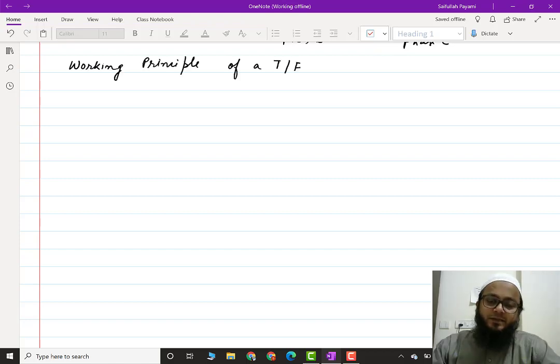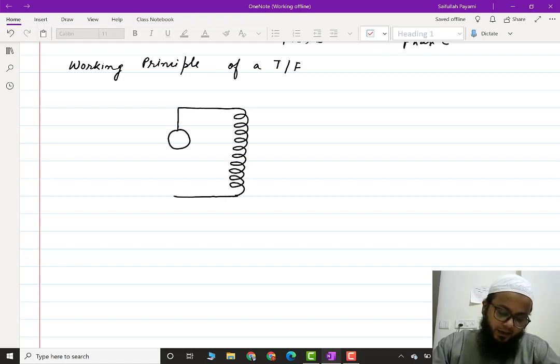So we said that a transformer is a device which has at least two electrical circuits and they have a common magnetic field. So let's say I'm just showing a simple winding, and this winding has been energized by an AC source.